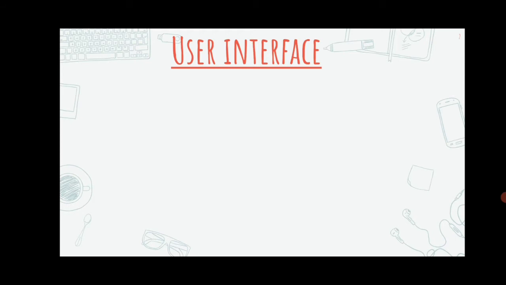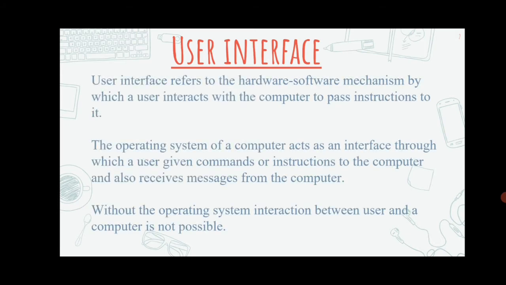First of all, we are going to learn the definition of user interface. User interface refers to the hardware software mechanism by which a user interacts with the computer to pass instructions to it.